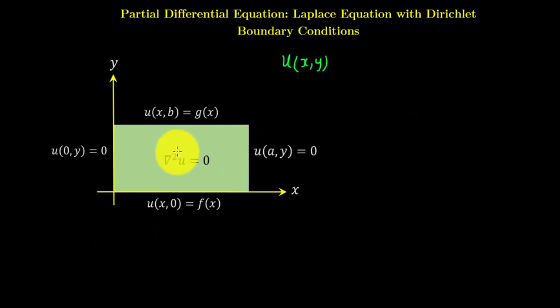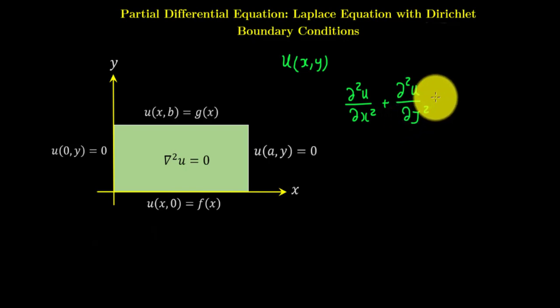It's a Laplace equation because we have del squared of u equals 0, and del squared simply means the second derivative of that unknown function with respect to x plus the second derivative of u with respect to y equals 0. This is an important equation for electromagnetics if u is voltage, for heat transfer if u is temperature field, and for mass transfer if u represents concentration.